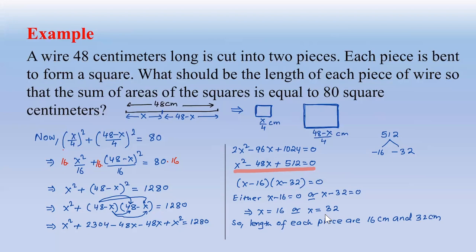So that is the answer to this question. Okay, so this wire is 48. When you cut here, one piece should be 16 centimeters, the other should be 32, so that when you bend and form the squares, the sum of the areas of the squares will be equal to 80.